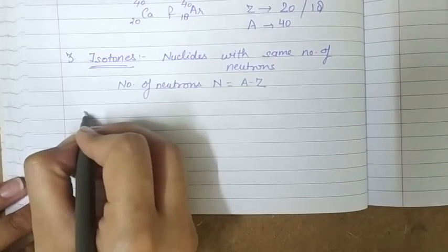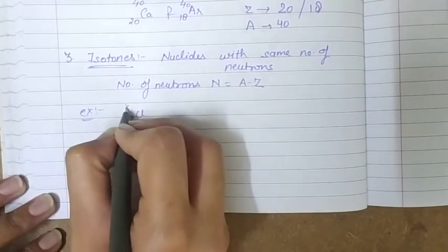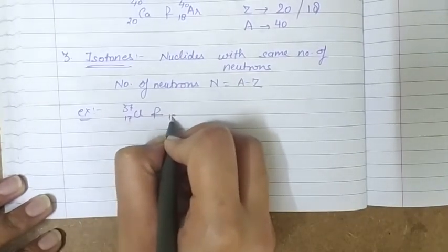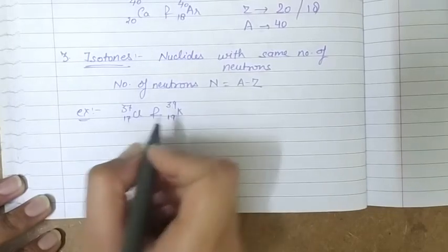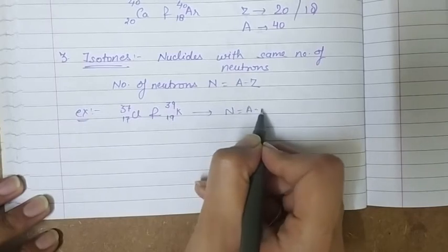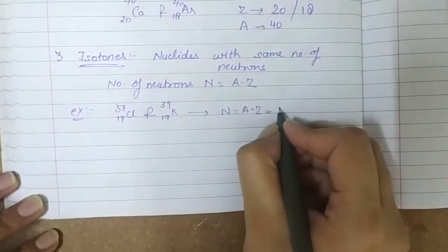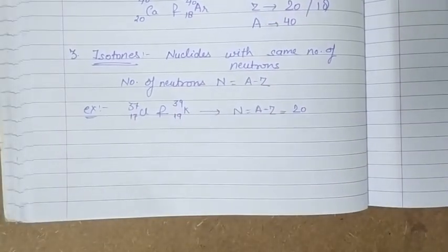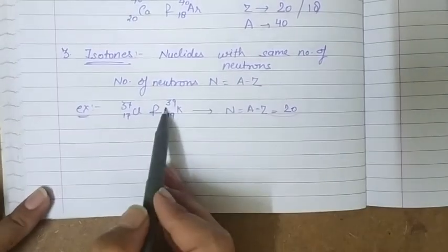For example, 17Cl37, an isotope of chlorine, and 19K39, potassium. In both cases N, which is equal to A minus Z, is 20: 37 minus 17 is 20, and 39 minus 19 is 20. That means the number of neutrons in both cases is equal. That's why these two are isotones.